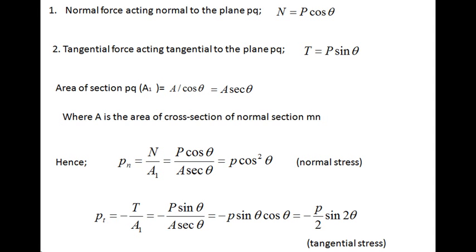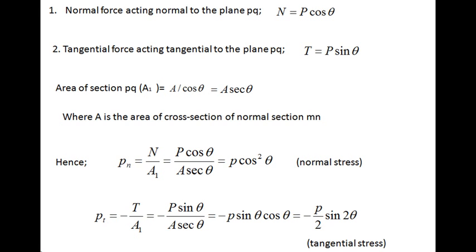We denote the normal stress as p_n and the tangential stress as p_t, which are uniformly distributed over the inclined section PQ. These stresses are shown acting in the positive direction: p_n is positive when it is in tension, and p_t is positive when it tends to produce anti-clockwise rotation of the material.